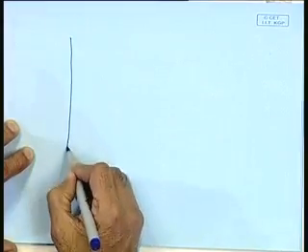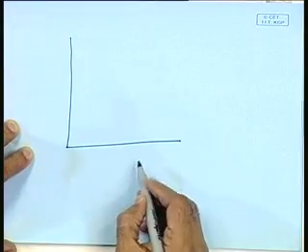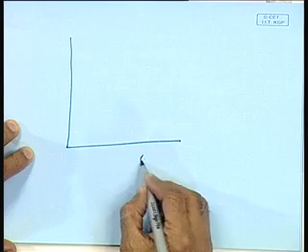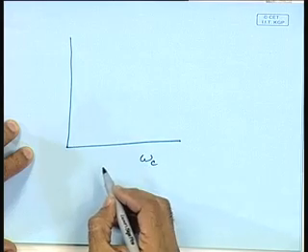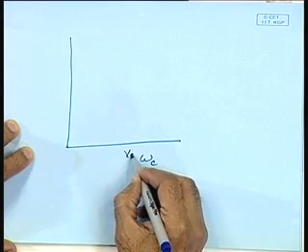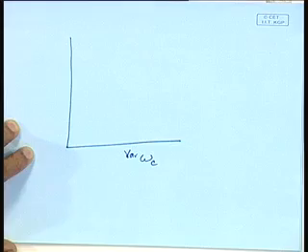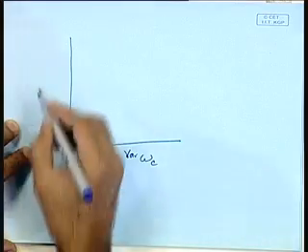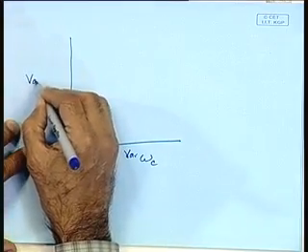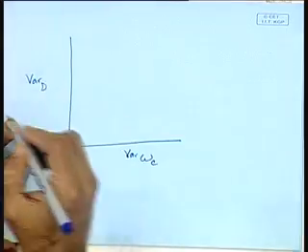Let's say I've got two objectives. I've got objective 1, and this could be, for example, the variance of omega c, which is one objective that you'd like to minimize. And this is the variance of D, the deflection, which you'd also like to minimize.